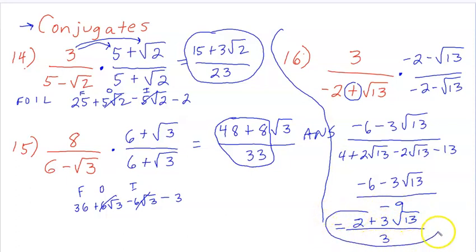So it's not like I'm going to count this wrong on your homework today or next time we check if you forget, but I just want to give you a heads up going forward. There are times when we can take an answer and reduce it, only though if all three of these numbers are divisible by the same number. And in this case, we could divide by negative 3.